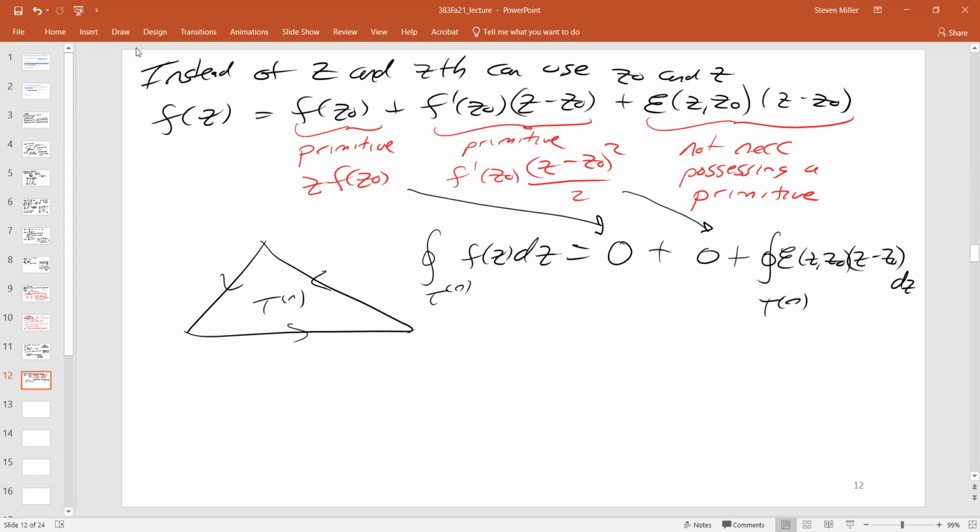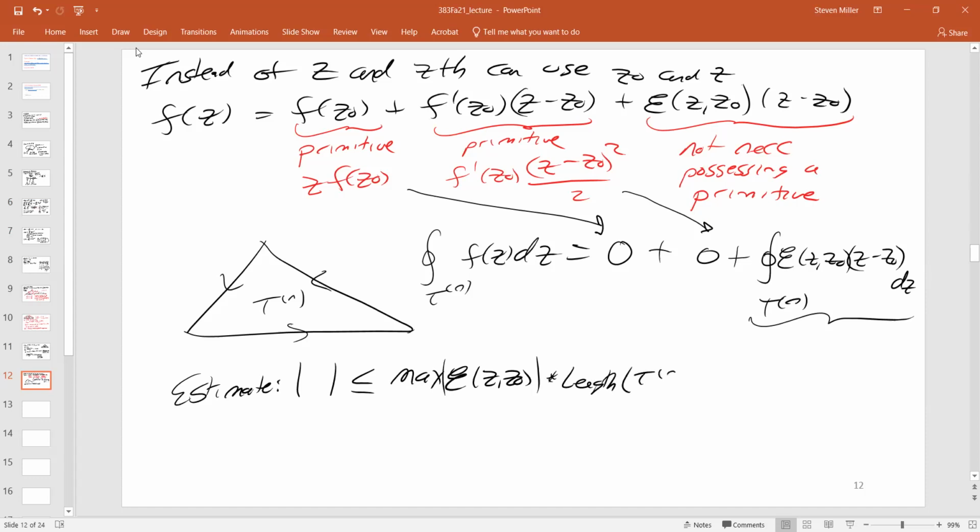All right, well, we've got a z minus z naught, so we can try to estimate this. If we want to estimate it, in absolute value it's going to be less than or equal to the maximum of E of z naught, in absolute value, times the length of Tn times the maximum value of z minus z naught.